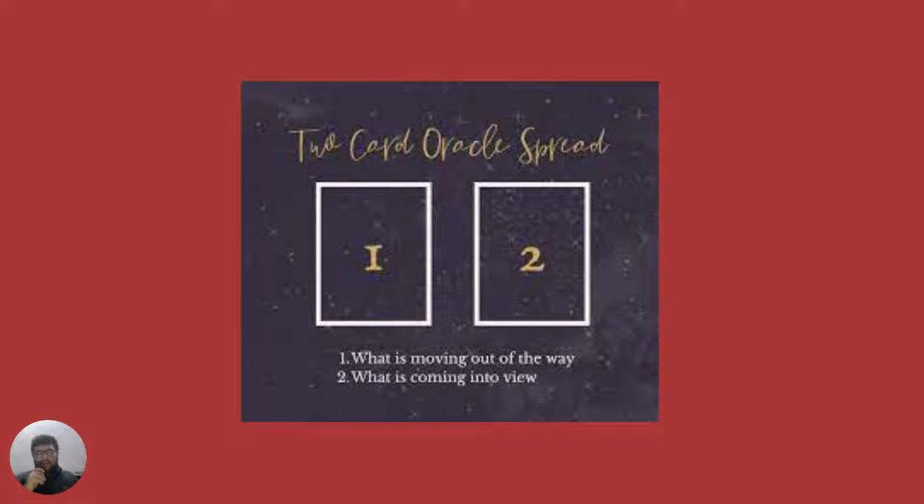So the second card adds another layer to that reading, and gives you the answer of why. It is a very simple spread, a little more difficult than the single card spread, but it is generally used to dive deeper into the query, dive deeper into the answer, and take out new insights regarding, if something is going to happen, then why it is going to happen, and if it is not going to happen, then why it is not going to happen.